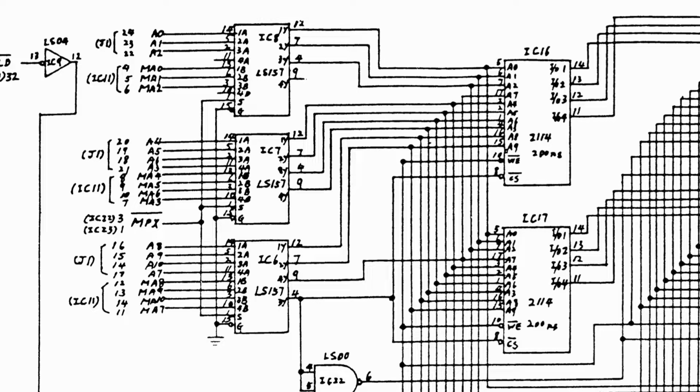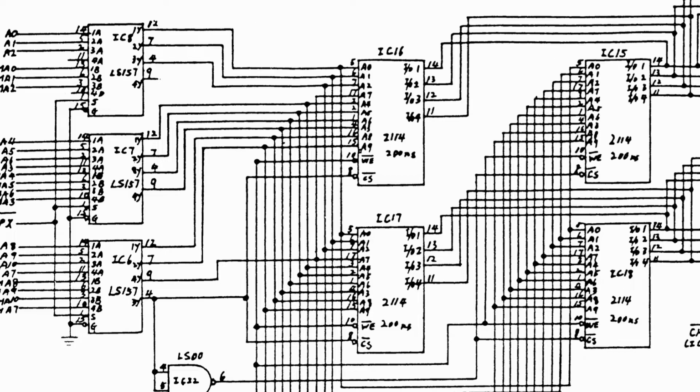Okay, so we're looking at the multiplexers here that control the access from the host CPU and the CRTC. And we can see over here we've got the CPU address lines, the CRTC address lines, and so on down here. The multiplexers are just controlling, based on the multiplex signal, which set of address lines are actually driving the RAM chips.